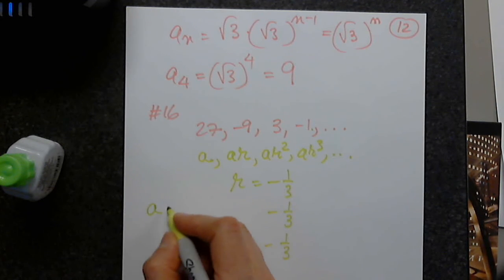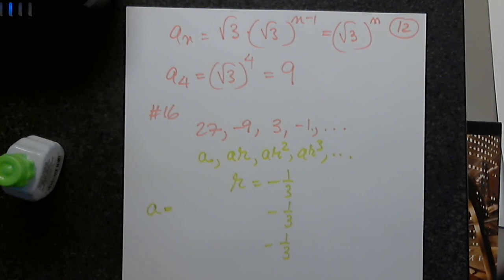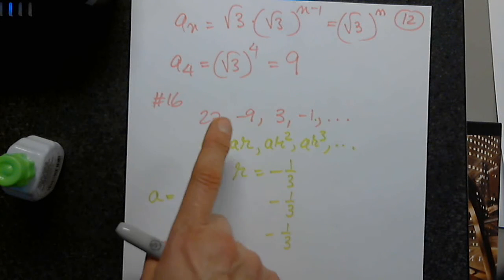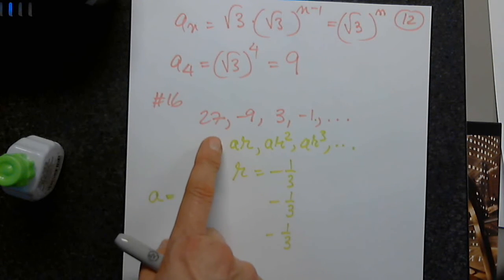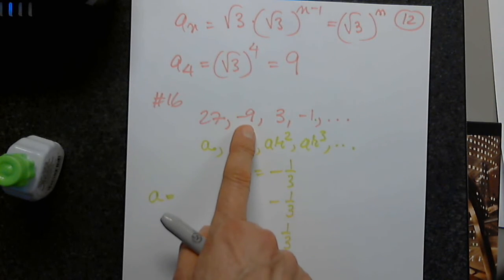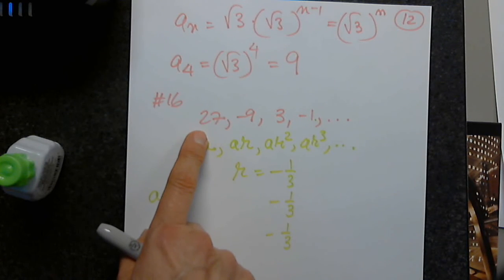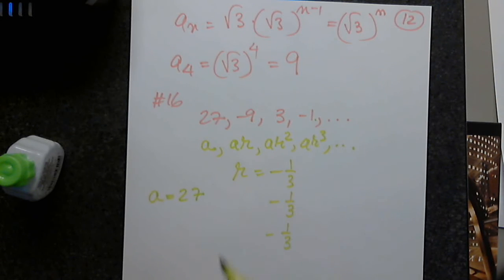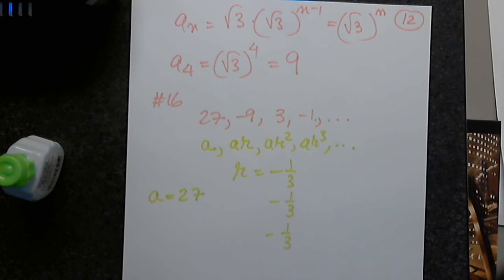And what is a in this problem? It's the number that I multiply by -1/3 to get this. What number do I multiply by -1/3 to get this? 27. So 27 multiplied by -1/3 is -9. So a equals 27, which makes sense.